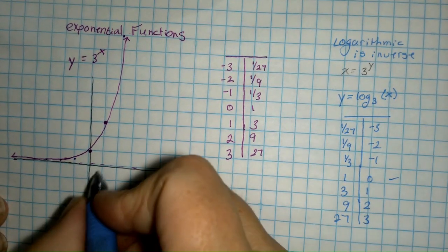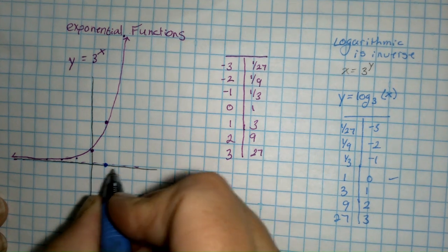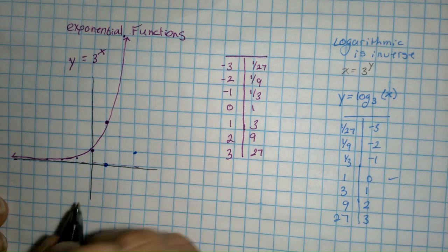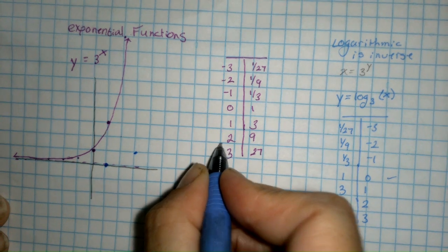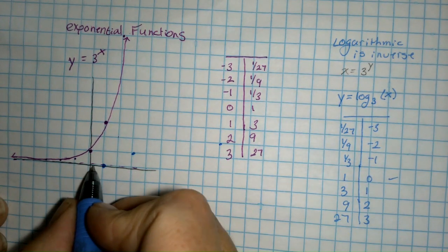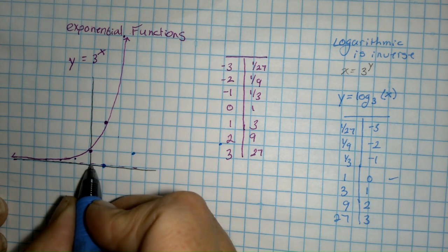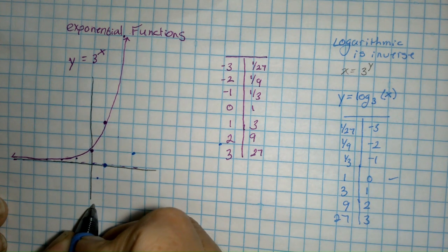So 1, 0 is pretty easy to do. 3 is at 1, 9 is at 2. A third is at negative 1. A ninth is at negative 2.